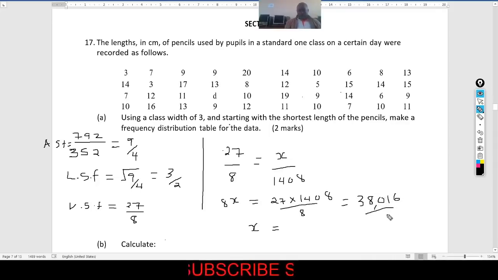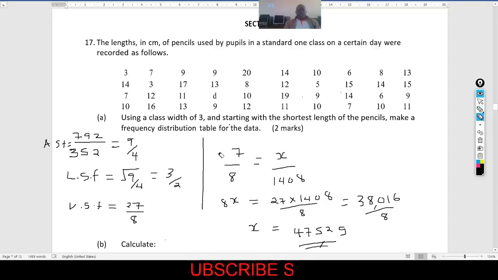Then we divide by 8, and you get 4752 grams. So that is the mass of the larger solid. So that is how we do it. When you are dealing with mass, you consider the volume scale factor and not the linear scale factor, as I did in question number 8 of section A.